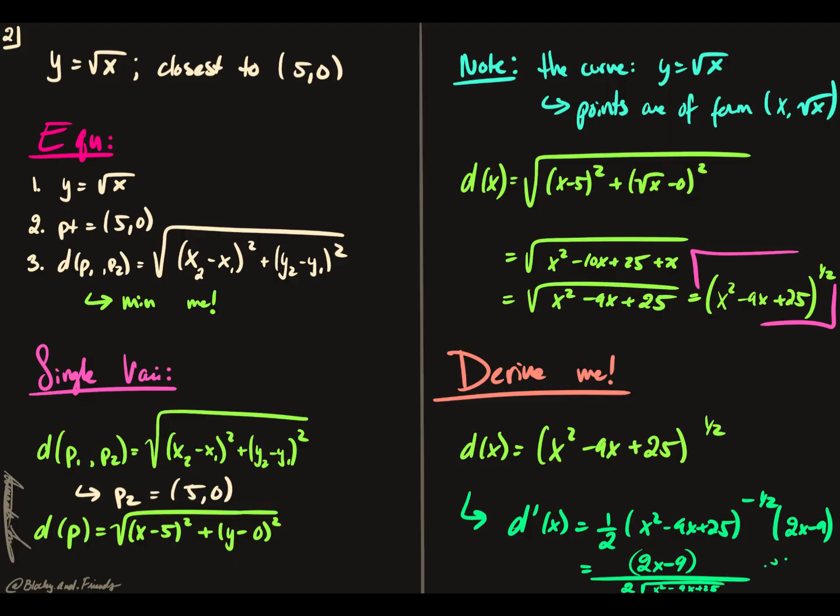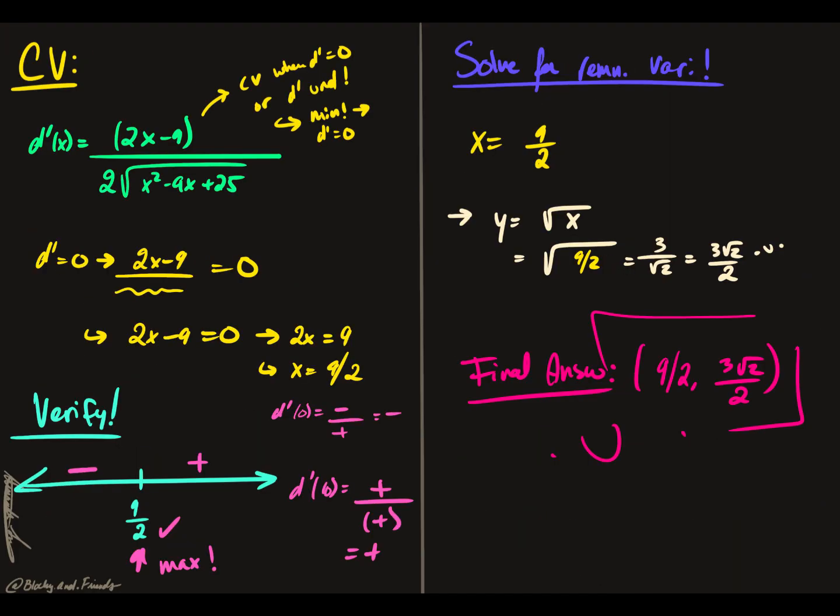Okay, now after we find our derivative, we want to find our critical values, yeah? So we know d prime of x is equal to 2x minus 9 all over 2 square root of x squared minus 9x plus 25. Again, our critical values occur when d prime equals 0 or d prime is undefined. However, we want to min.